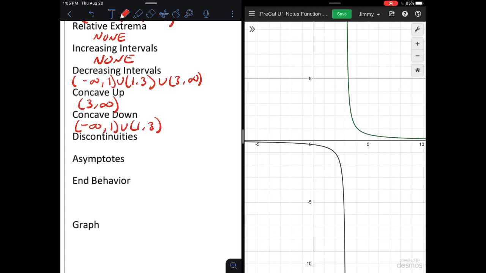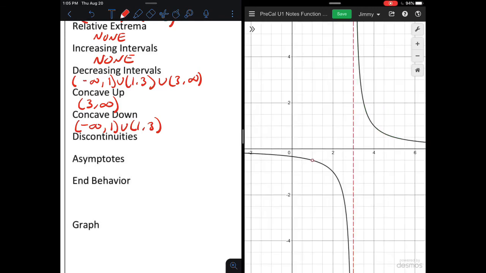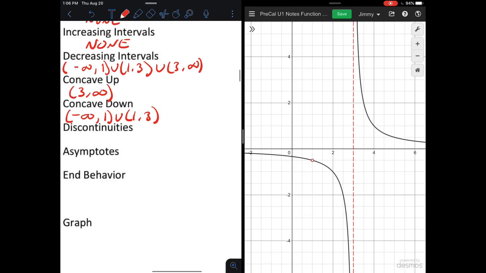Our discontinuities are next. And so when we factored this function at the very beginning to figure out the x values we had to eliminate, we saw we had to eliminate the x value of 3, and we had to eliminate the x value of 1. And anytime you have to eliminate an x value from the inside of the domain interval, those are considered discontinuities. And we're just going to label the kind.